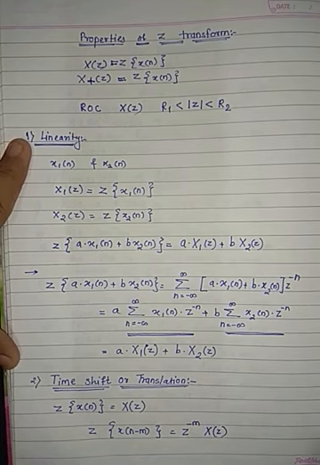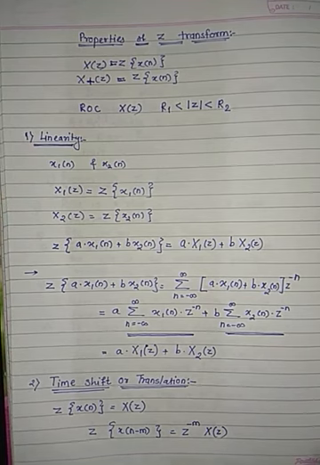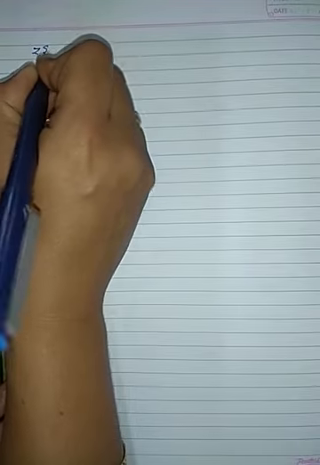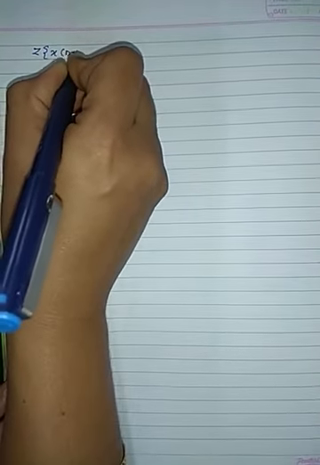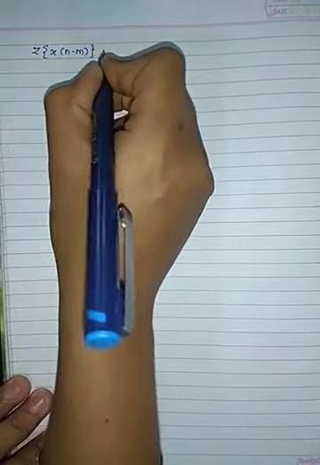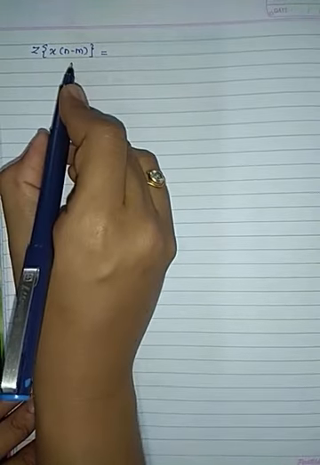Now how to prove this? Here m is a positive or negative integer. We consider the Z transform of x of n minus m.